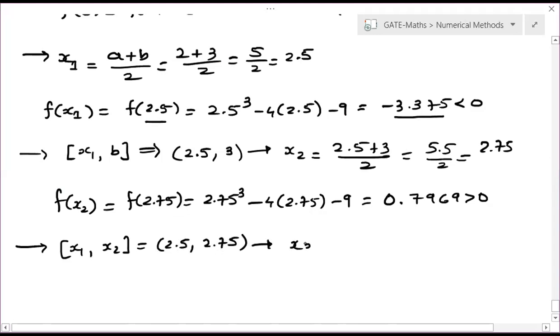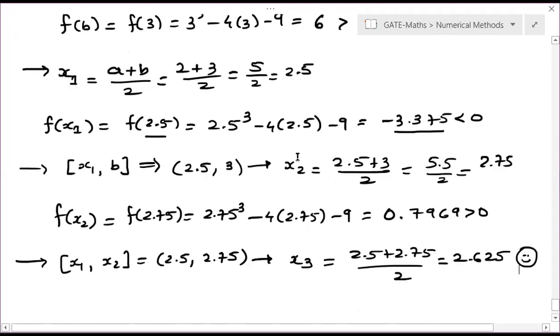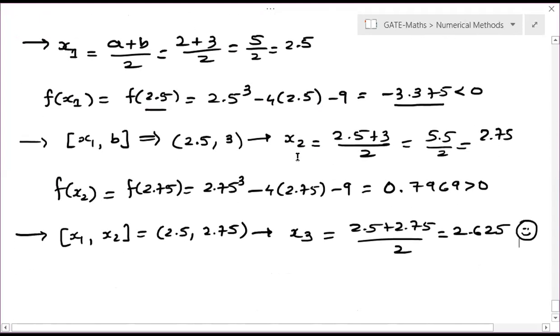So x3 will be (2.5 plus 2.75) by 2, which is 2.625. Is it clear now? Please give me some response. 2.625. No need to find f of x3 because they are asking only till x2 and x3. Okay, so let us see one more question.